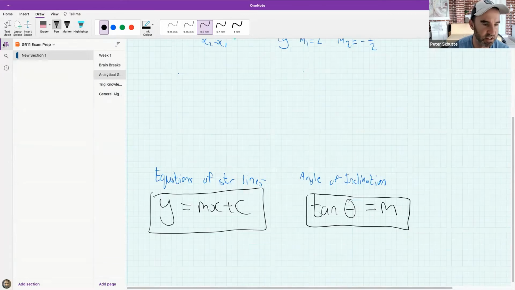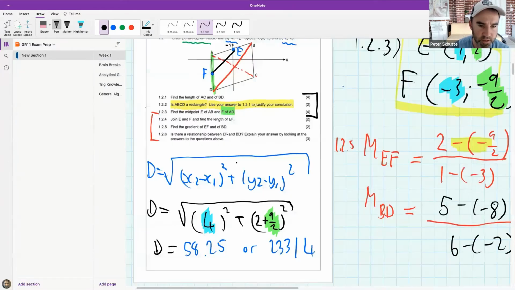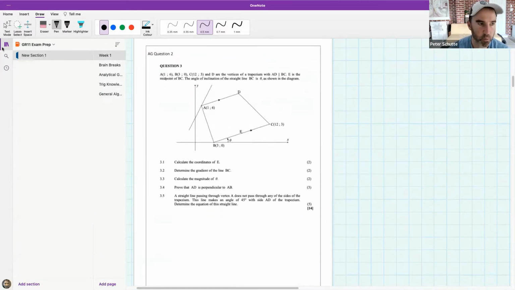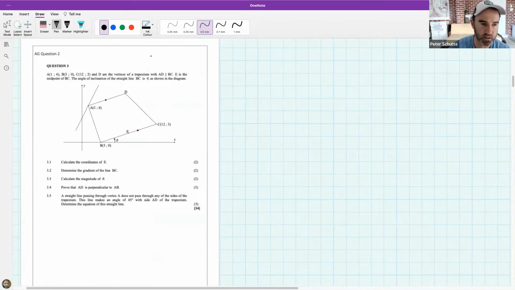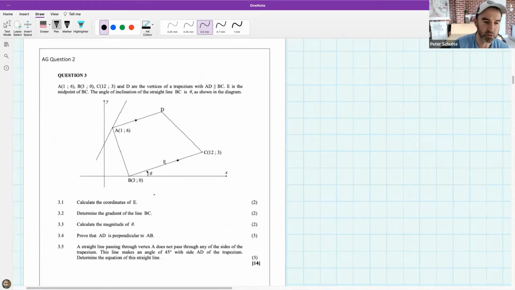What I'm going to suggest is if you want more practice on analytical geometry, you can have a look at the second exam question over here. But what I want to do is just give you one little bit of guidance before we move on to trig. In this particular question, 3.5 is a very nasty one, and it's only really useful if you know something.